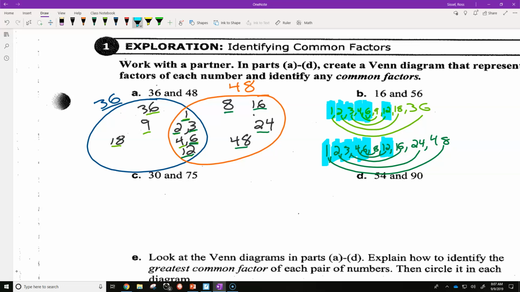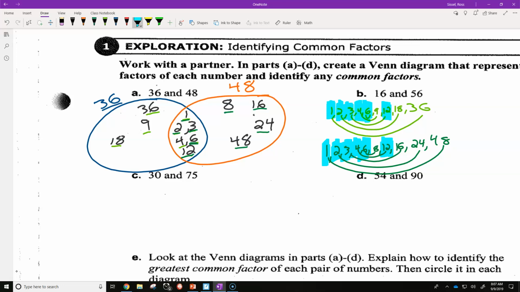So when I look at the common factors, I always think of Jude. He always wants something, and that kid loves chips and candy. If you're ever using your common factors, you can think of Peanut. If you could have 1, 2, 3, 4, 6, or 12 pieces of candy, which would you prefer?